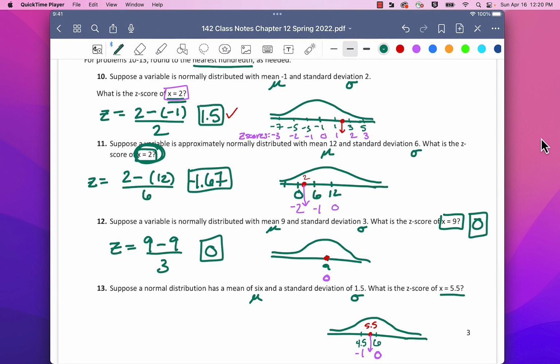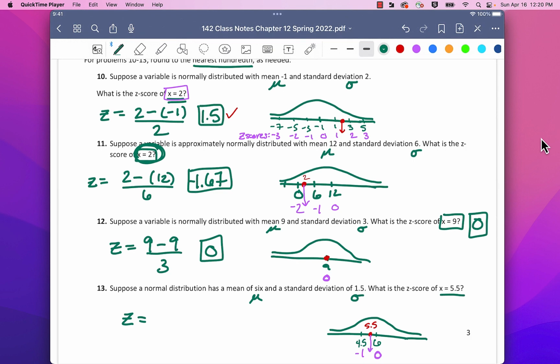So as we go back and grab our formula, and some of you, depending on how your particular brain works, might be able to almost picture this in your head and not even have to draw the whole thing out. But if you like to see the picture like I do, it doesn't take too long to draw a quick sketch. So let's plug into the formula now and get the exact value here.